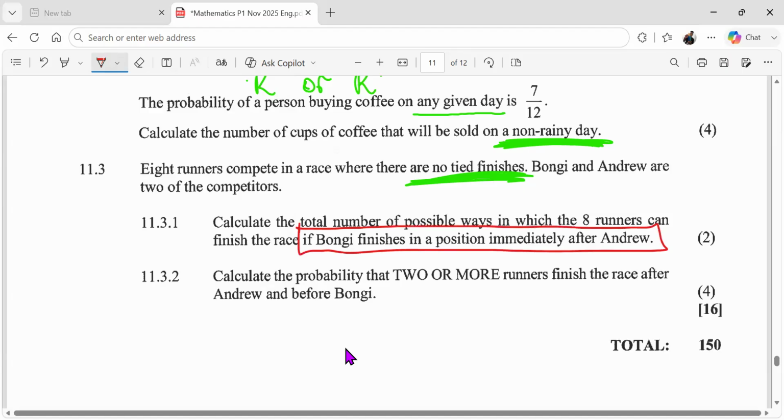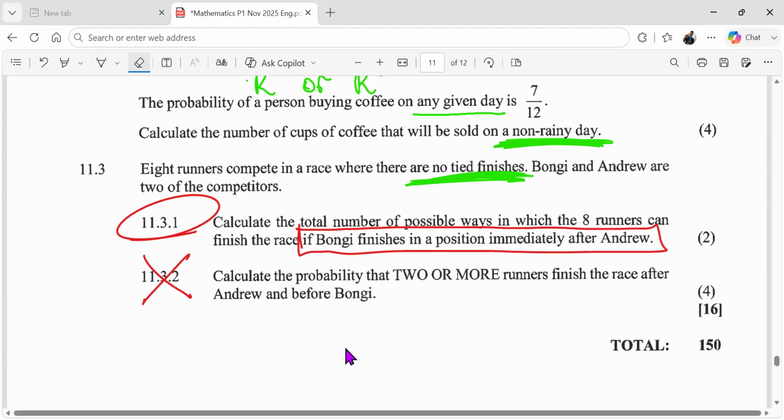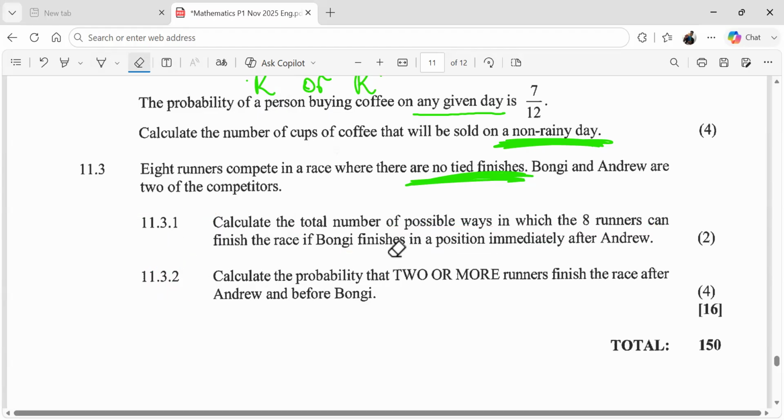This restriction only applies to 11.3.1. It doesn't apply to 11.3.2. How is this going to help you, what I just said? It's going to help you in your sample space. The sample space is 8 factorial, not 7 factorial. Very important.